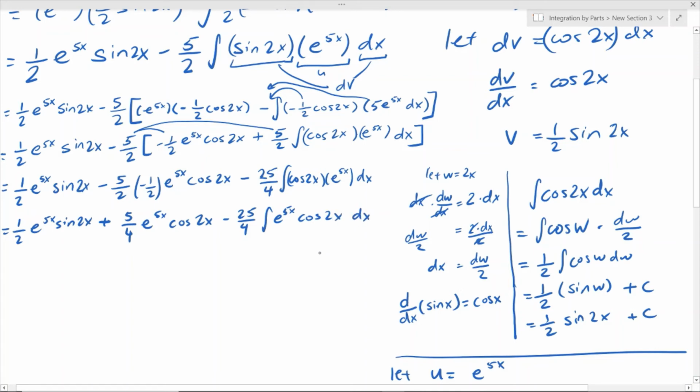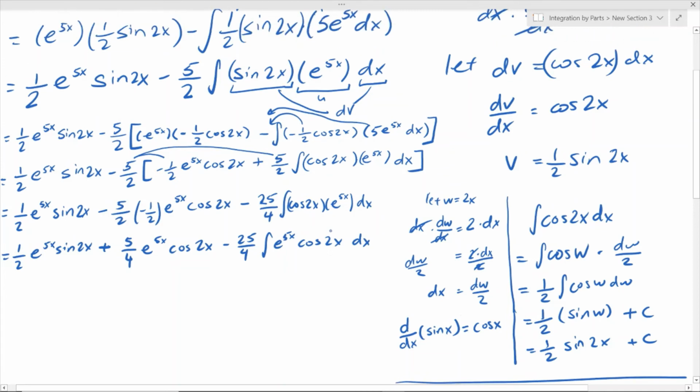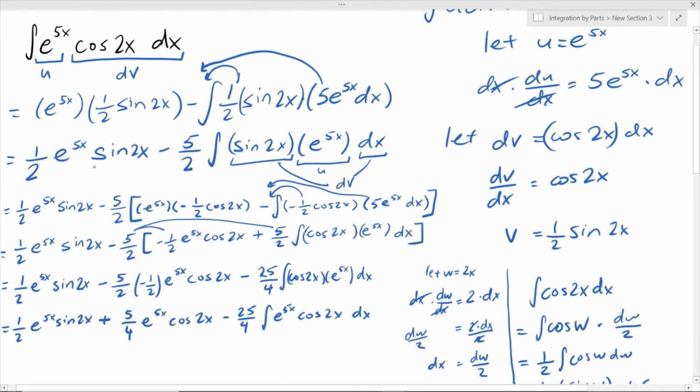Okay, and so from here, what do we notice from here? Well, I mean, it may seem like we're going nowhere, but actually we are going somewhere. Look, so our original question was the integral of e to the exponent of 5x times cos 2x, right? It's right here. And what do we have right here?